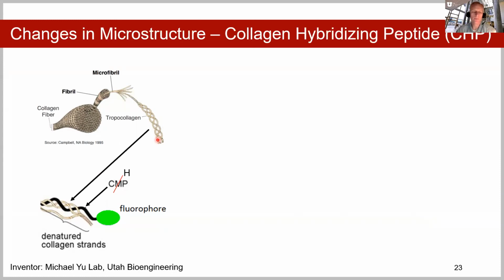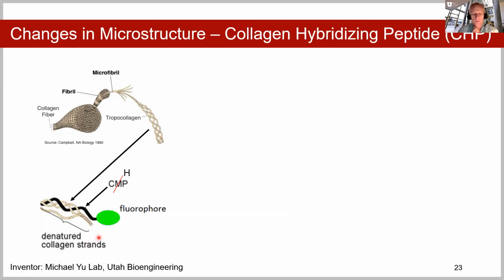Okay, so he built this collagen hybridizing peptide, this synthetic molecule, to have the exact same molecular structure, such that if a collagen molecule is disrupted at all, then if that molecule is exposed to these collagen hybridizing peptide molecules, they'll actually bind to one another because their shape is complementary. Okay.